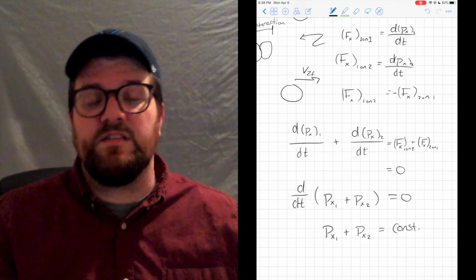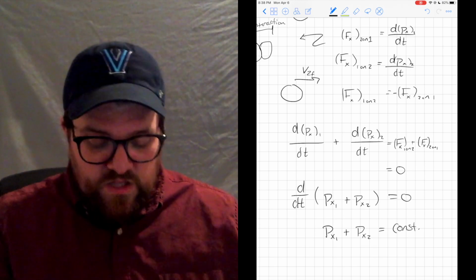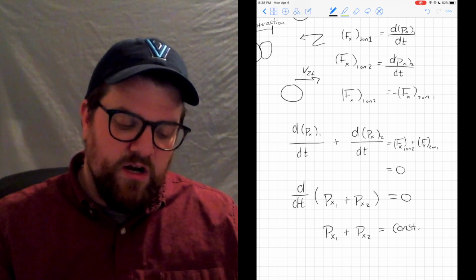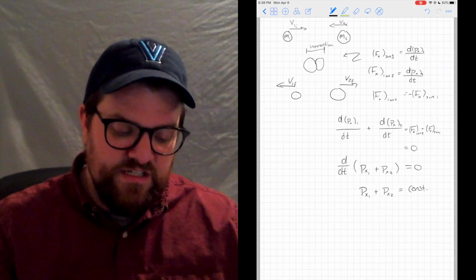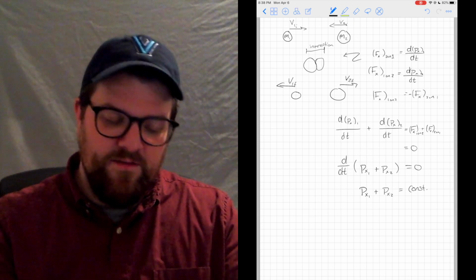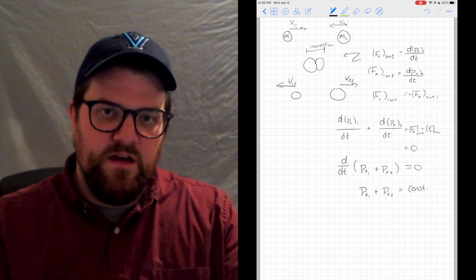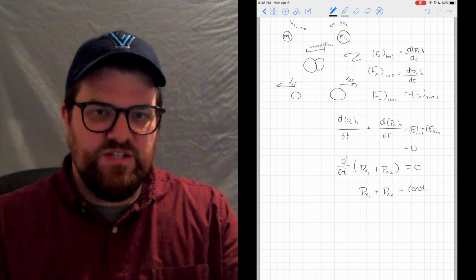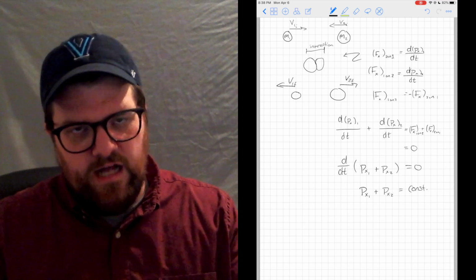It's the only way for this to work. What changes is how we're distributing that momentum. But the momentum of these two objects has to sum to a constant value.